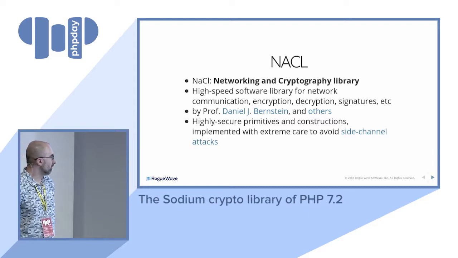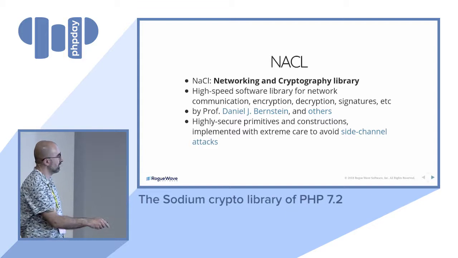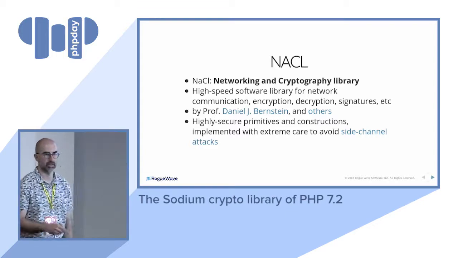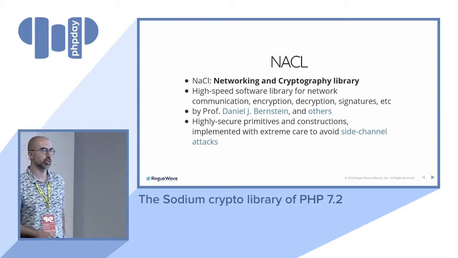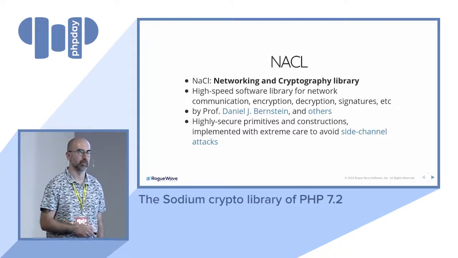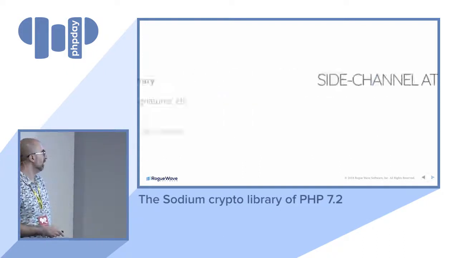And one very important part of this library is that it prevents side channel attacks. That is a kind of attack that focuses on the implementation of the algorithm instead of the theory of the algorithm.